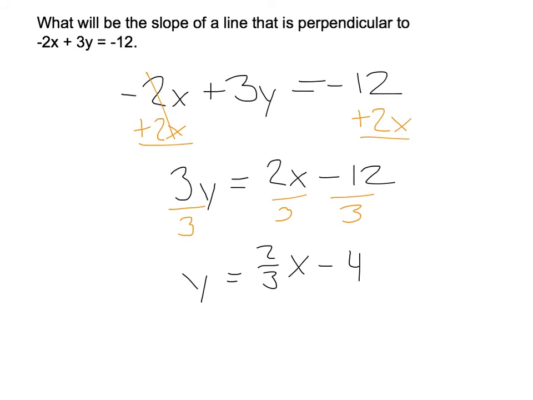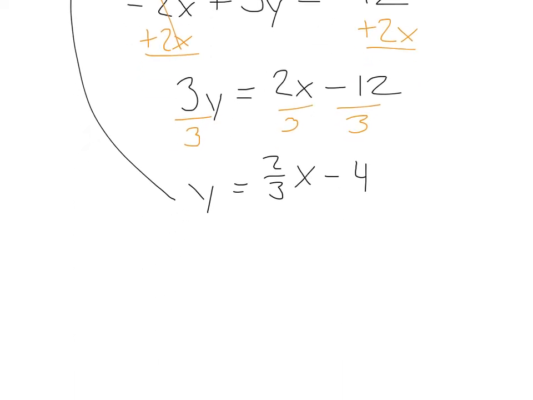Now, I want to know what the slope of a line perpendicular to this would be. This is currently just the same as that in a different format. Okay, this is standard form, this is slope-intercept form. But I need to know what the slope of a line that's perpendicular to this would be. So what is the slope of this line? Well, the slope is 2/3. Okay, but what is the perpendicular slope to 2/3?